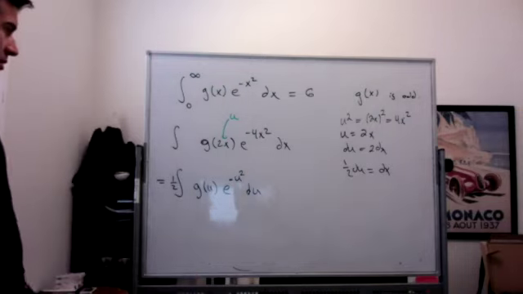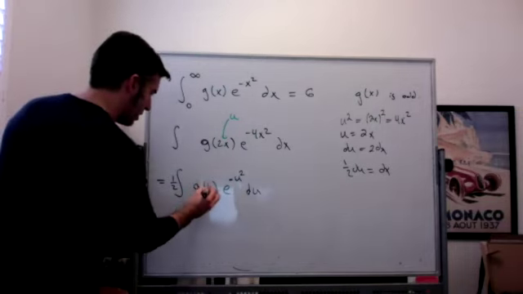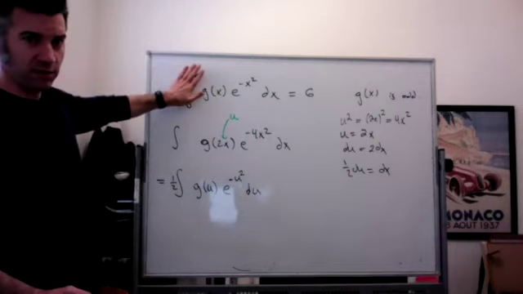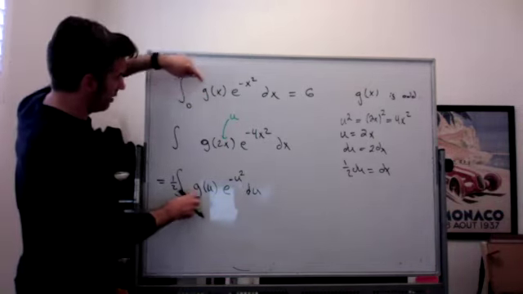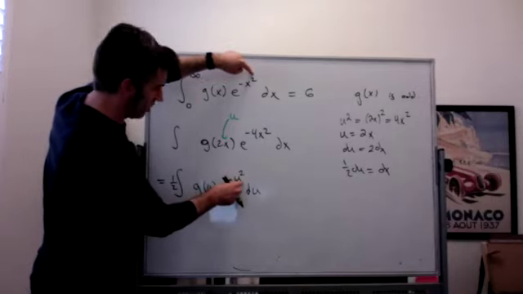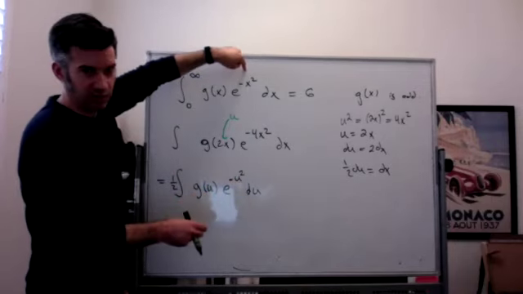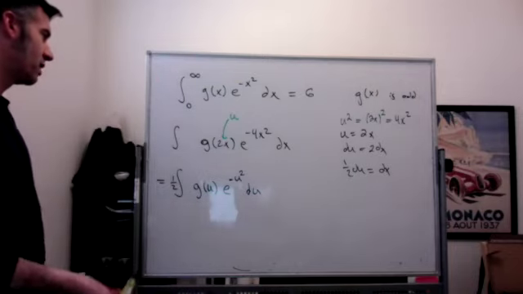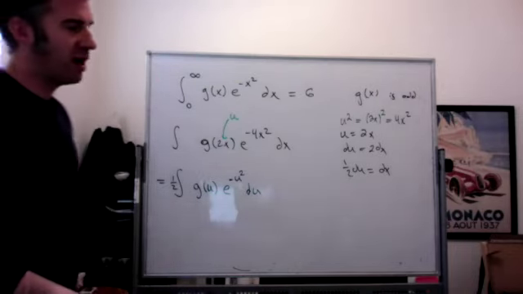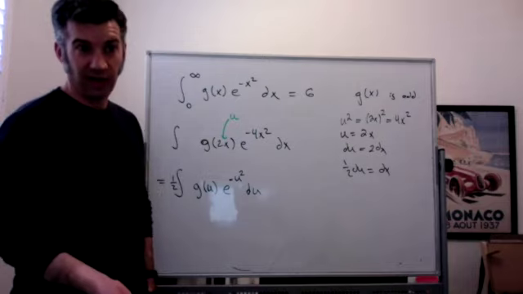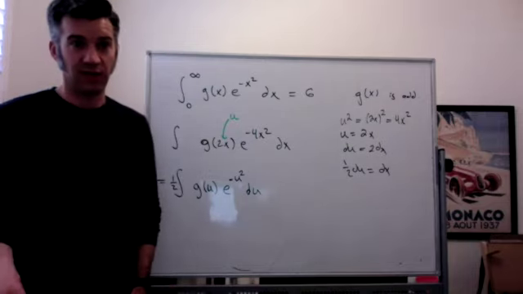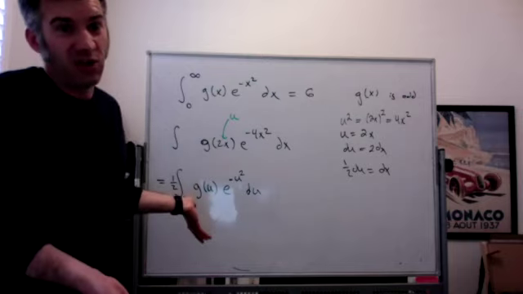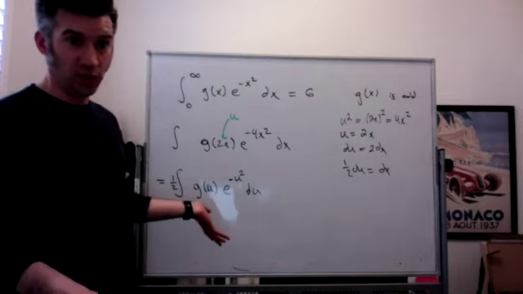But look, without those limits of integration, g of u e to the negative u squared is the same as g of x e to the negative x squared. I've just got a different variable. I know I said I don't usually like to change infinite limits of integration with a U-substitution, but I'm going to do it here because I don't really see another choice.